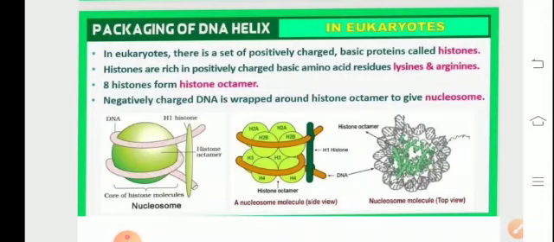Although H1 is the most commonly studied linker histone, there are others. For example, H5 histone is a substitute for H1 in erythrocytes.